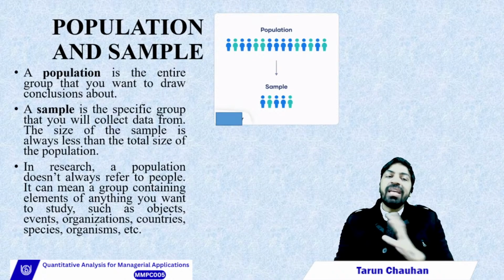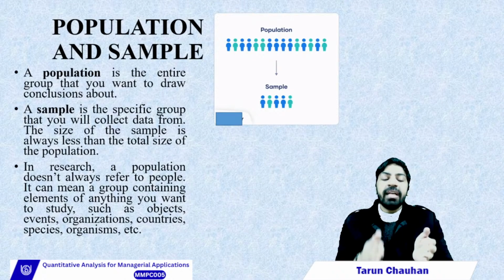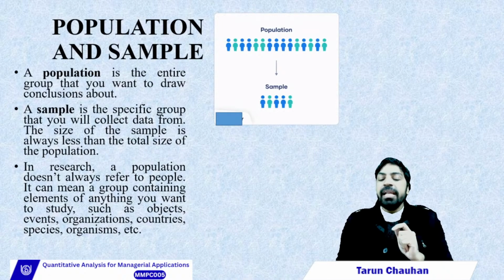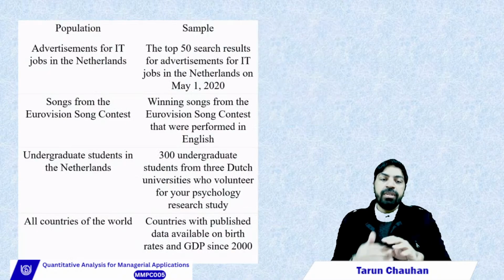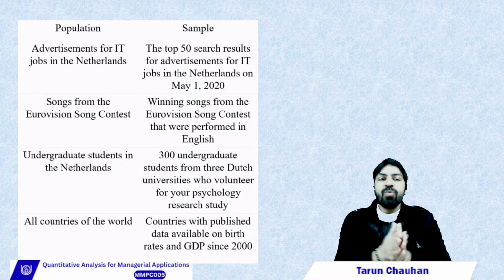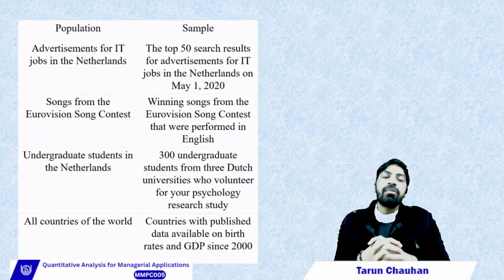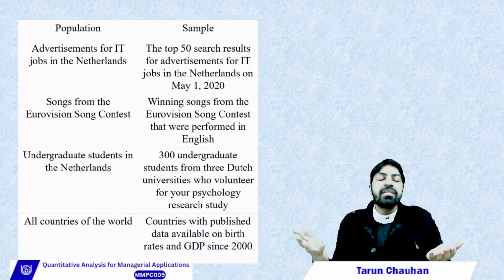What would be the various examples where we could distinguish between the population and sample? Let's see in the upcoming slide. So these are various examples of how you distinguish between the population and the sample. If we talk about countries, we are talking about the population in any aspect.